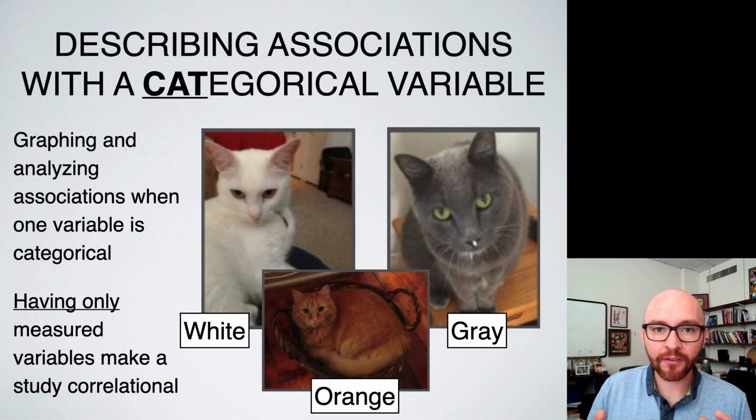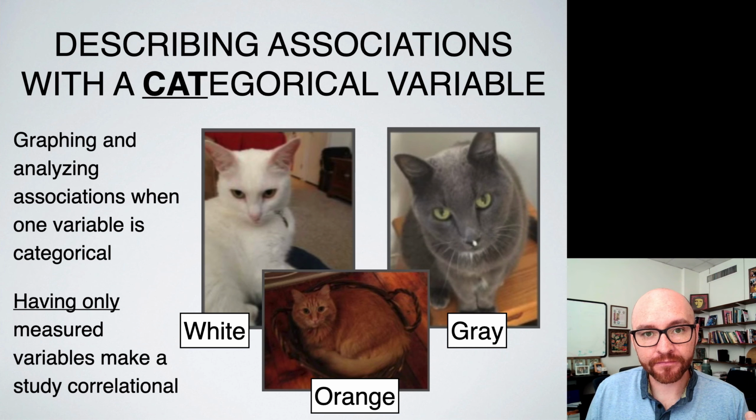Think of a categorical variable as different categories instead of a number value. For example, gender would be a categorical variable. What is your gender? These are your options. What is your ethnicity? These are your options.